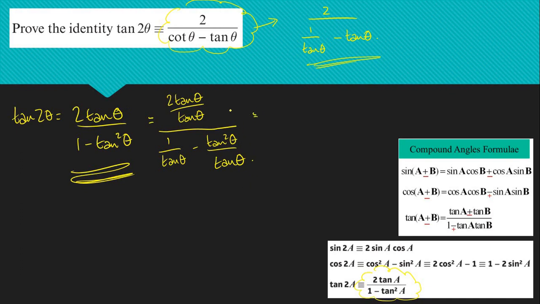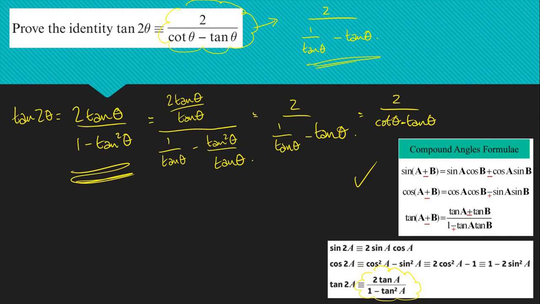Tan thetas cancel, 2 over 1 over tan theta minus tan theta. That there is cot theta, isn't it? And we end up with 2 over cot theta minus tan theta. Okay, job done. I found the right hand side to be handy for me to know that I just divided through by tan. I wasn't going to do anything mad trying to manipulate it too much.